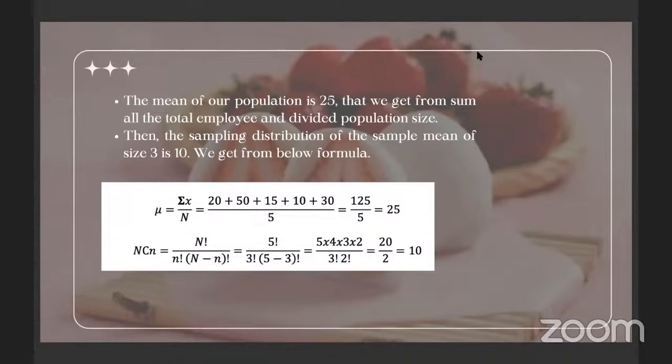Why? Because the above and below already have the 3 value, so we don't need to calculate the 3 anymore. 5 times 4 is equal to 20, and 2 times 1 is 2. Then we can divide it: 20 divided by 2 is 10.